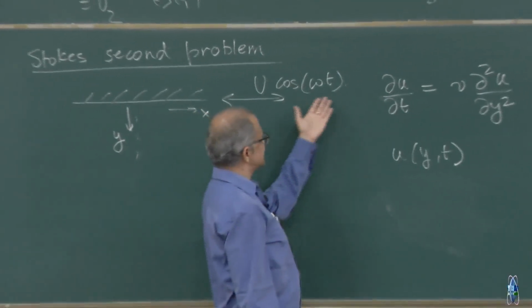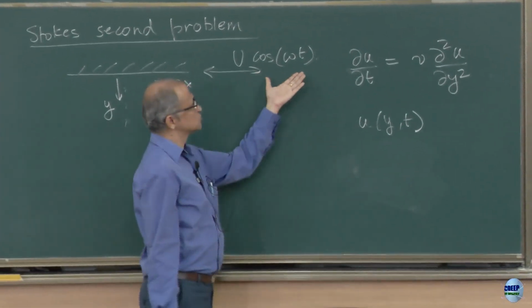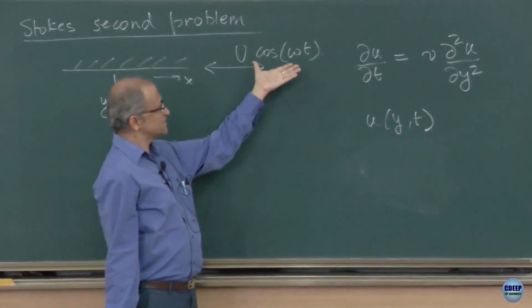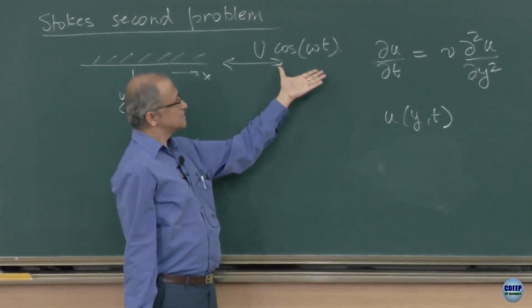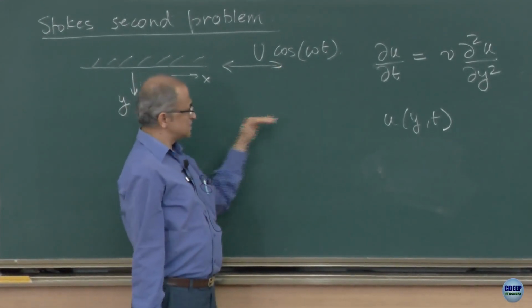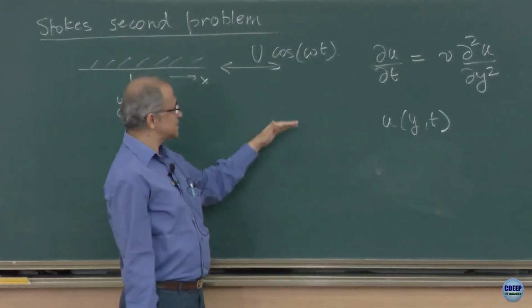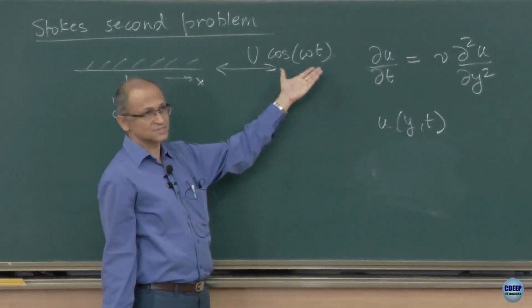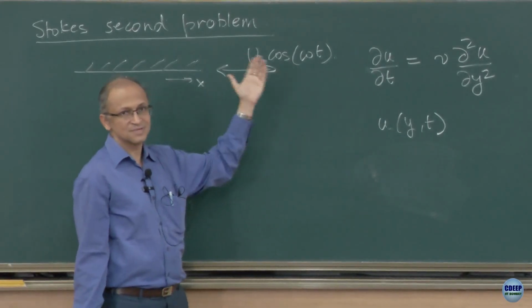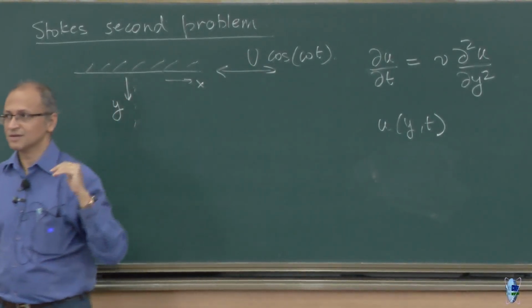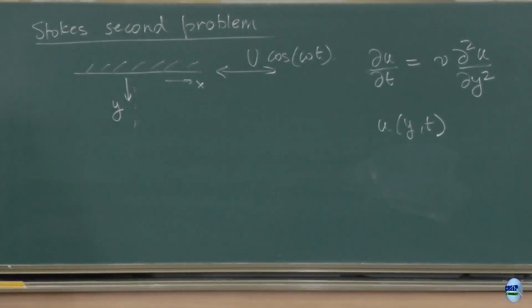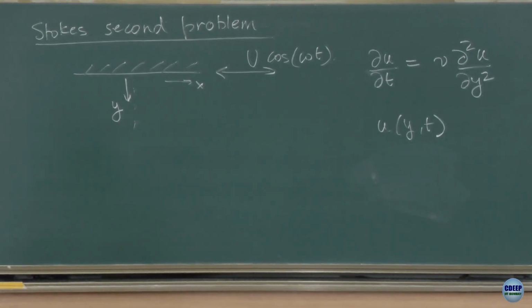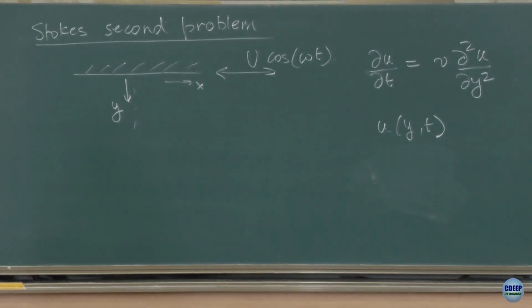Now we have already said that we will be looking for a solution where ultimately the fluid will start oscillating with a frequency which is the same as the imposed frequency. The amplitude could vary, and the phase could be very different. This is what we would intuitively expect, which is absolutely fine. But we also have to understand that there is a transient part to it.